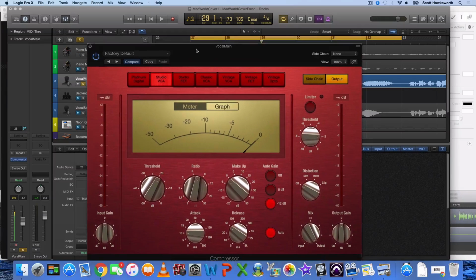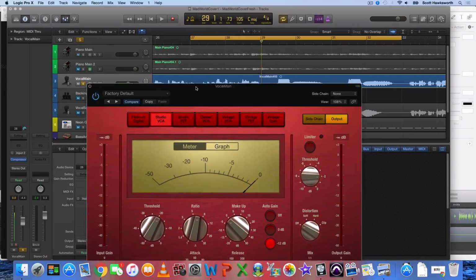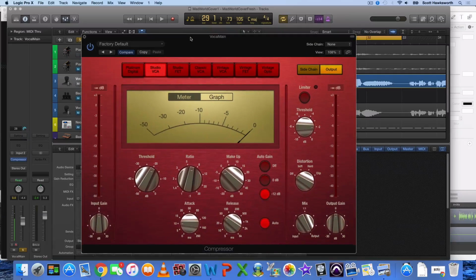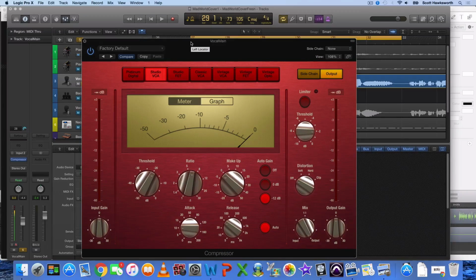So one way to think about compression, and I think it's a helpful analogy, is to think about where it came from. Back in the day when people were recording music and mixing, sometimes people, for example, might sing louder at a specific point in the song. It might get more exciting to them.